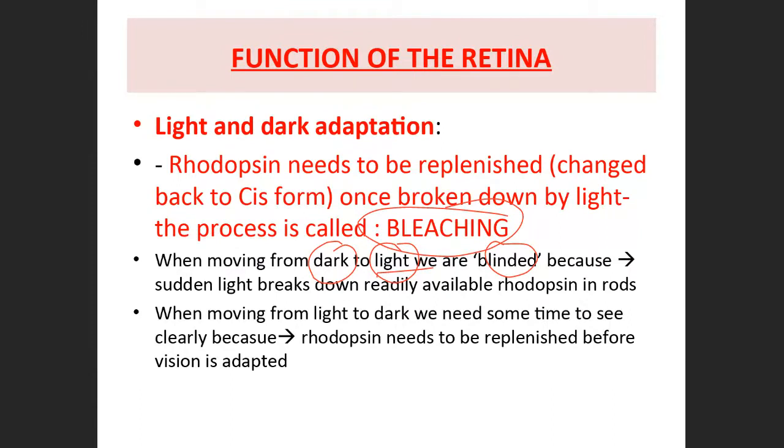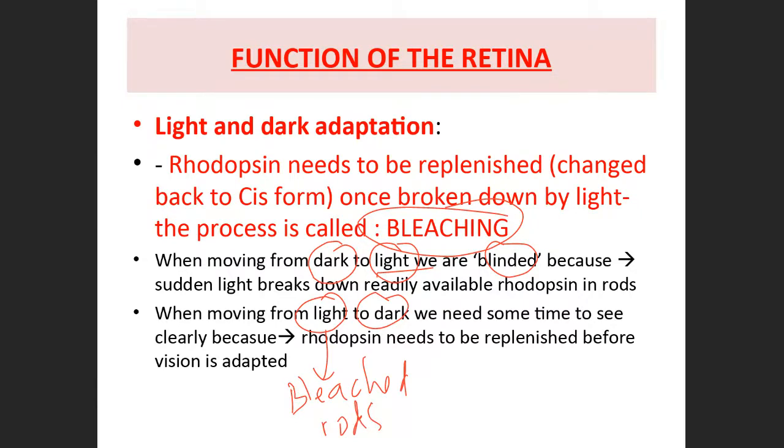When you're moving from light to dark, now there's another step in the adaptation. You're in the light, therefore you have bleached photoreceptors. So you don't have all of your photoreceptors ready and working.